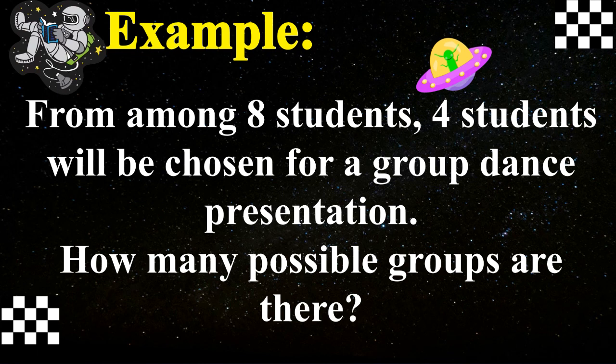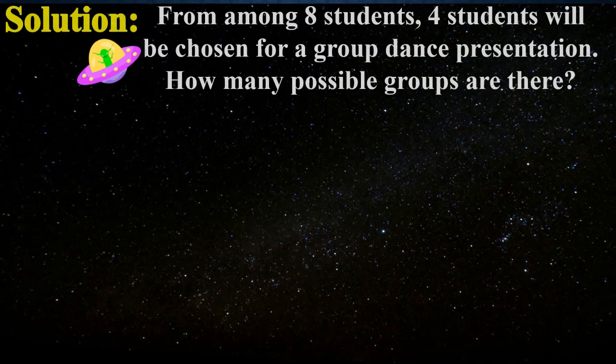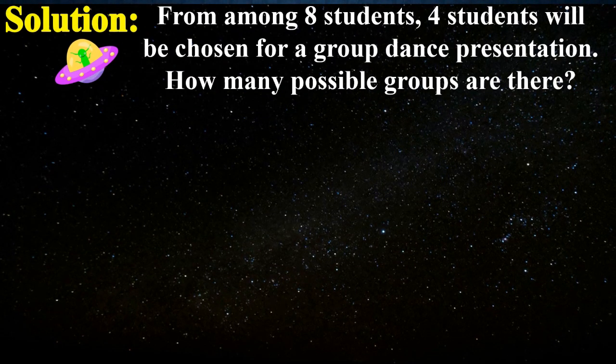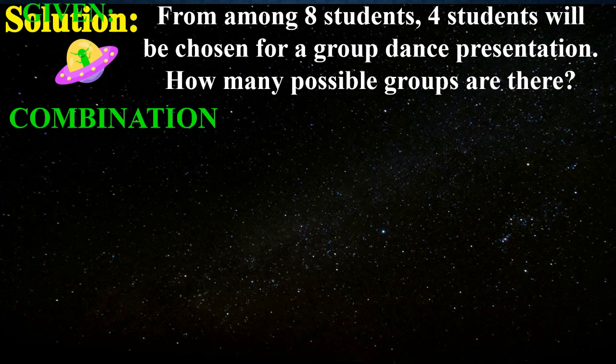From among 8 students, 4 students will be chosen for a group dance presentation. How many possible groups are there? Take note of the word chosen or choose. So that is combination.